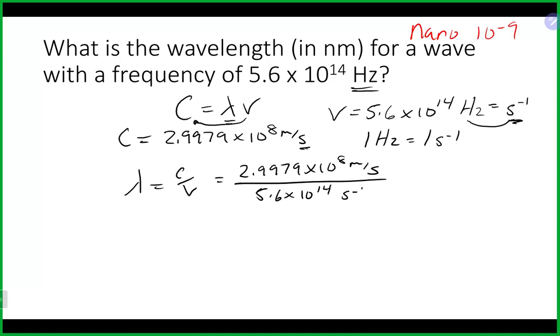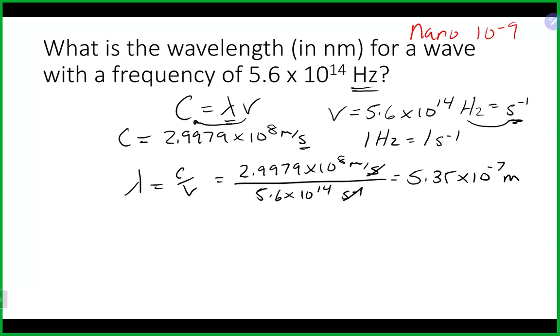Once again, this is the same thing as reciprocal seconds or hertz. Those seconds will cancel when we divide, and we will end up with a number here of 5.35 times 10, and I want to say 7. So negative 7 meters is the units here.